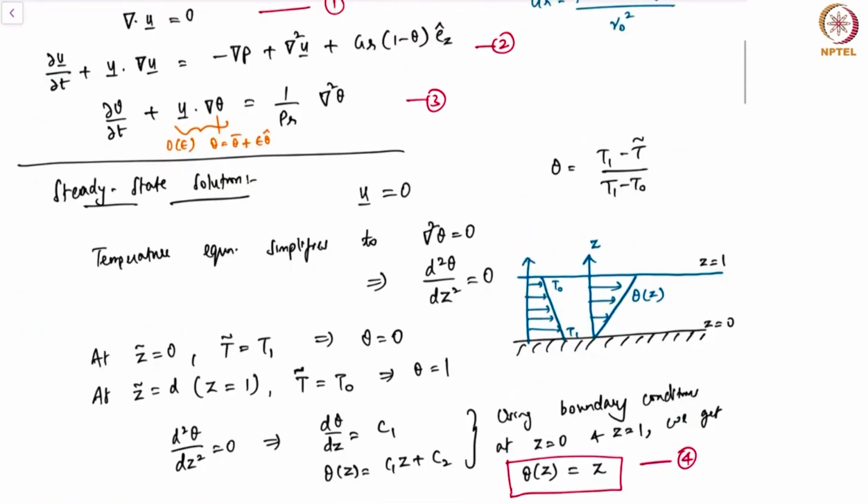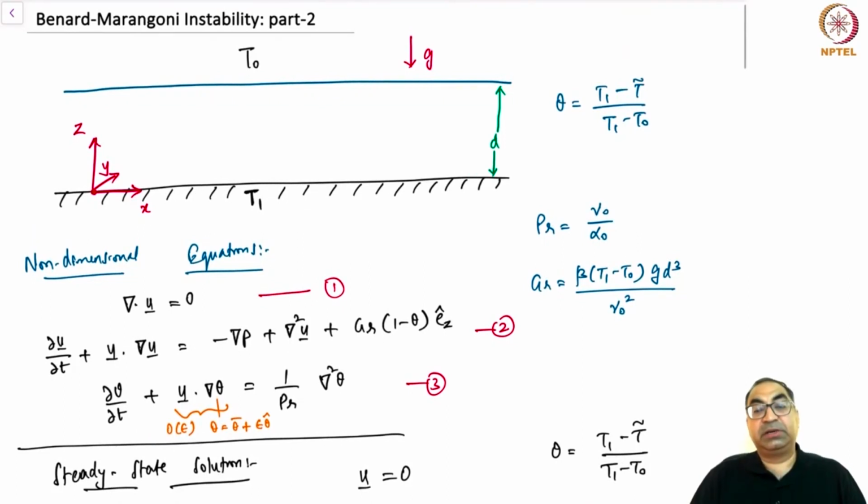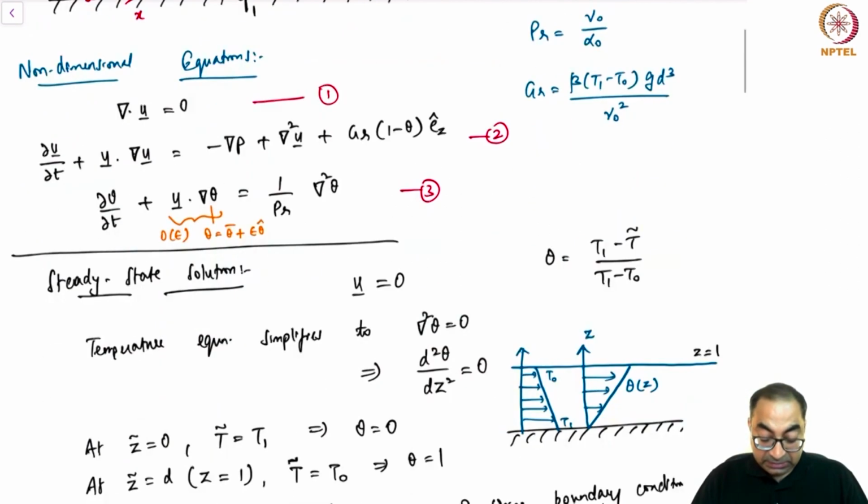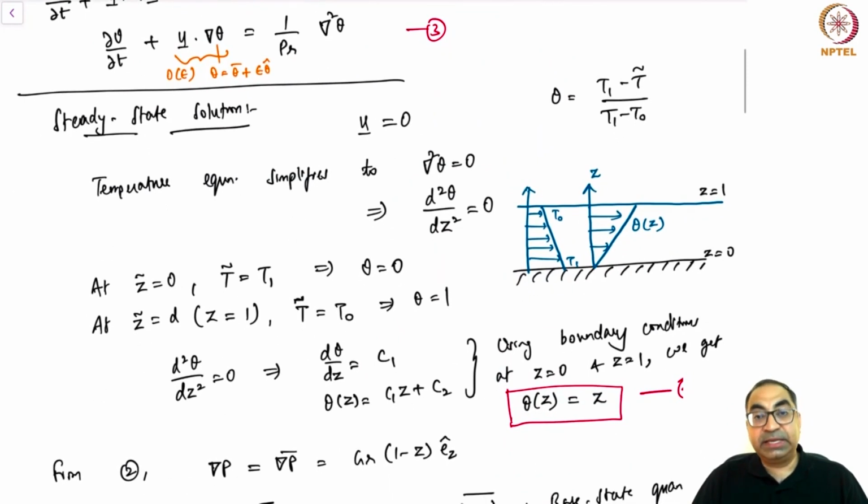Okay, so what we have managed to do in this lecture, let's quickly recap what we've done. We started with the non-dimensional form of the governing equations that we had done in the previous lecture. We had then considered the base state, and we found that the base state for the temperature field is just a linear variation in temperature.